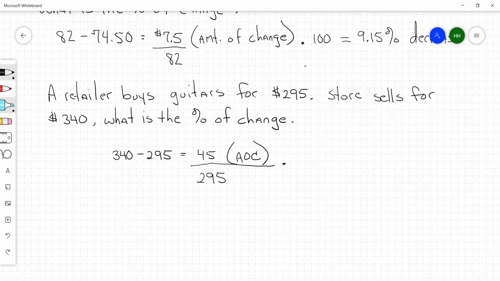We're going to times that by 100. That's going to be our percent of change. So 45 divided by 295 times 100 is 15.25. Percent increase.